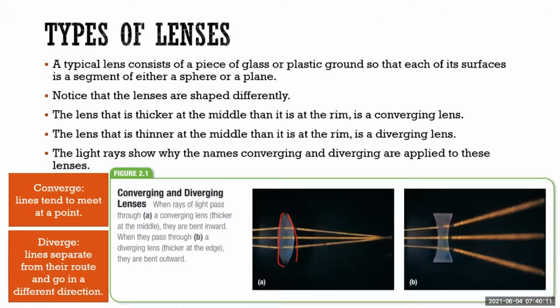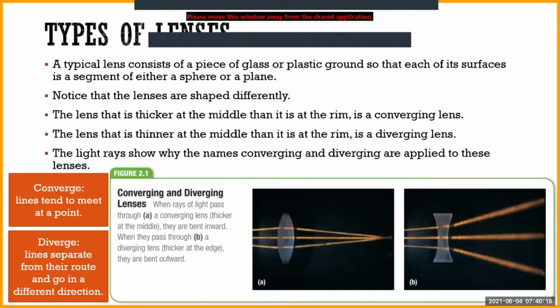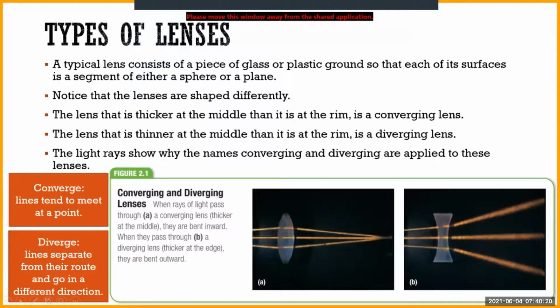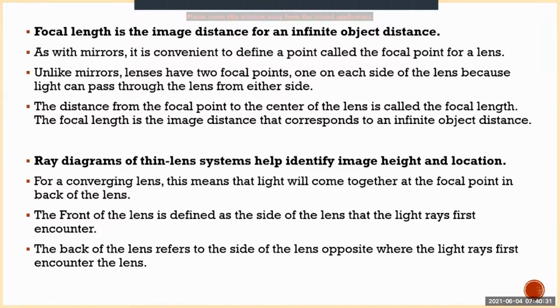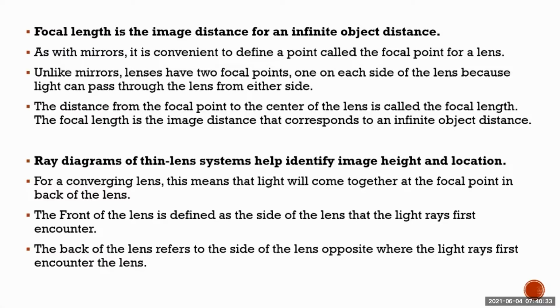So it's going to have a focal point here, but also a focal point right there. So the sketch of this is going to be a little bit more interesting. The distance from the focal point to the center of the lens is called the focal length. The focal length is the image distance that corresponds to an infinite object distance.